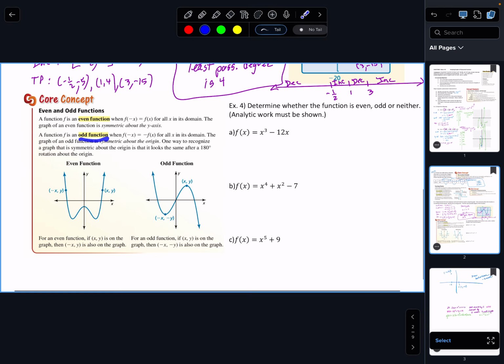An odd function is when it has rotational symmetry with the origin. See if I can get this to work for me.